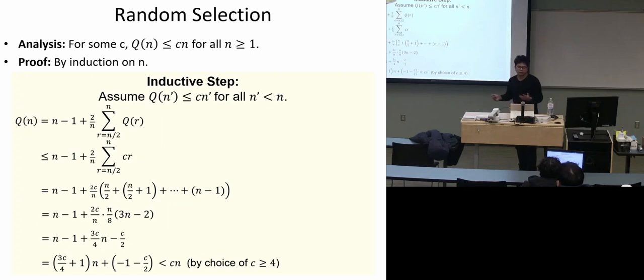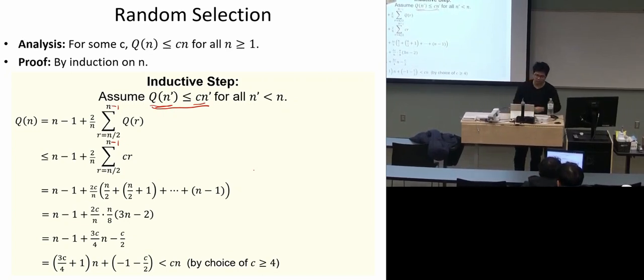Now for the induction case, what you have is, this should be n minus 1. By the induction hypothesis, Q of n prime is at most Cn prime for all n prime less than n.